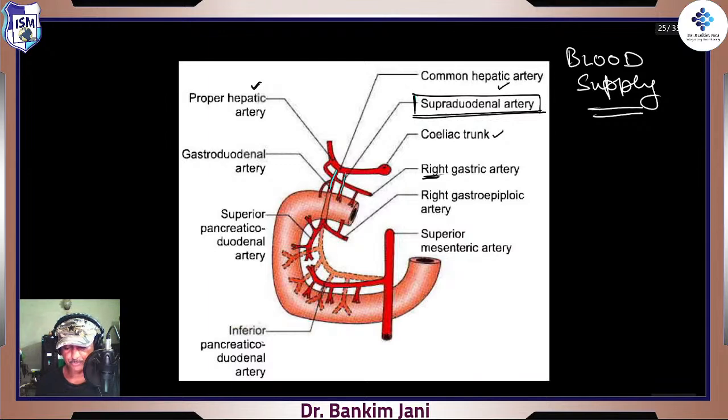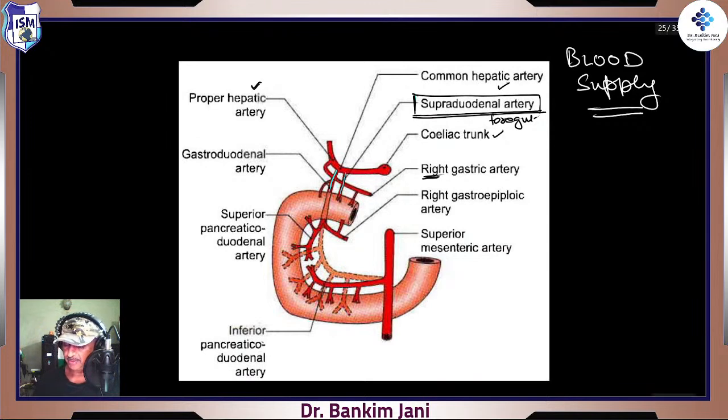Supraduodenal, yes, it is giving supply to D1, because D1 is foregut, this is my zone, right? So my vessels will go and supply, so that's why it is coming from celiac trunk. So this makes complete sense, because I'll just write foregut, correct? That is the foregut. And this gastroduodenal, yes, it supplies, all good.